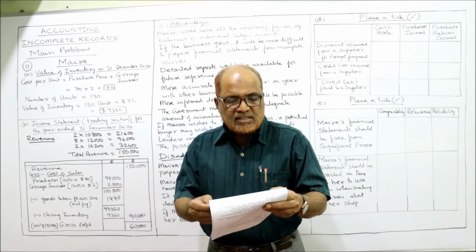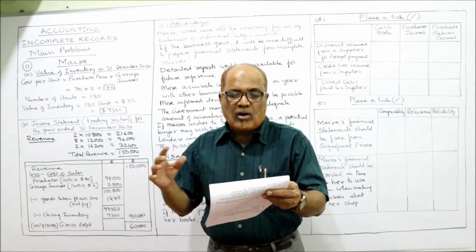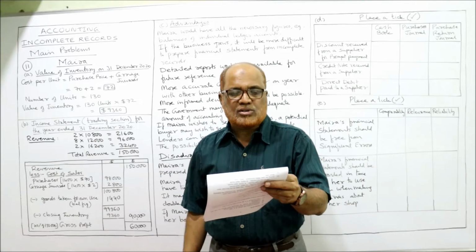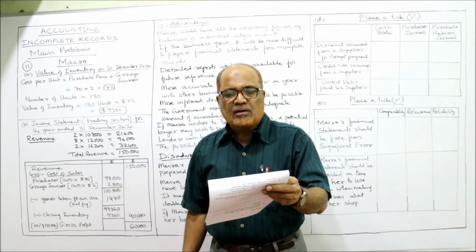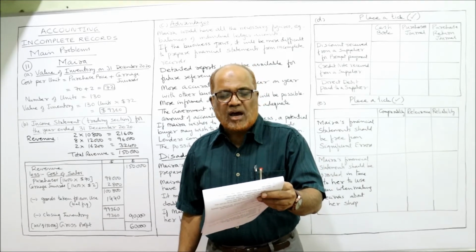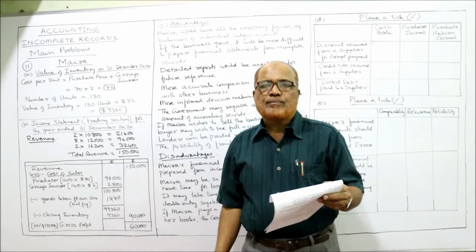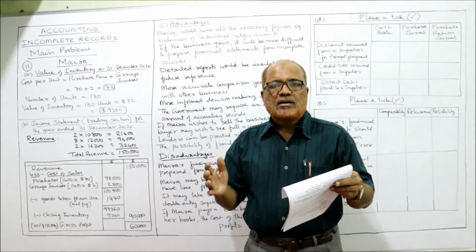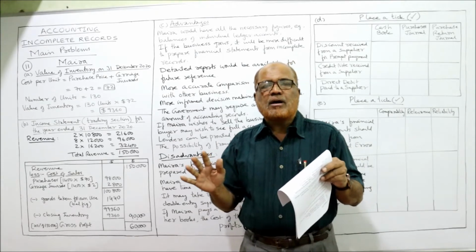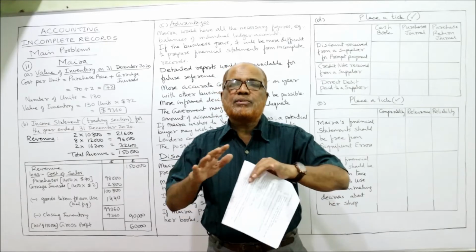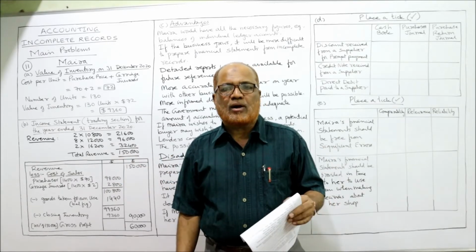Advise Myra on whether or not she should start to keep full set of accounting records. Justify your answer with 2 advantages and 2 disadvantages. The theory is asking this.